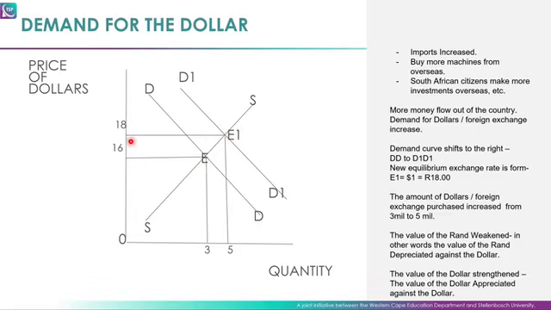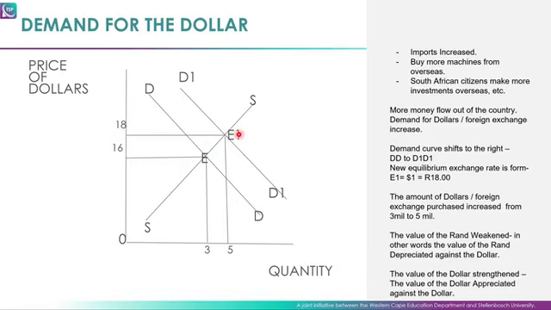So at 18 rand a dollar, it now settled on 5 million. Now people say, but according to the law of demand, when the price increases, the demand's supposed to drop. But remember, the price changed as a result of the increase in demand. There was first a change in the demand, and it is that change in demand that has caused the price to go up. So you must be very careful, okay?